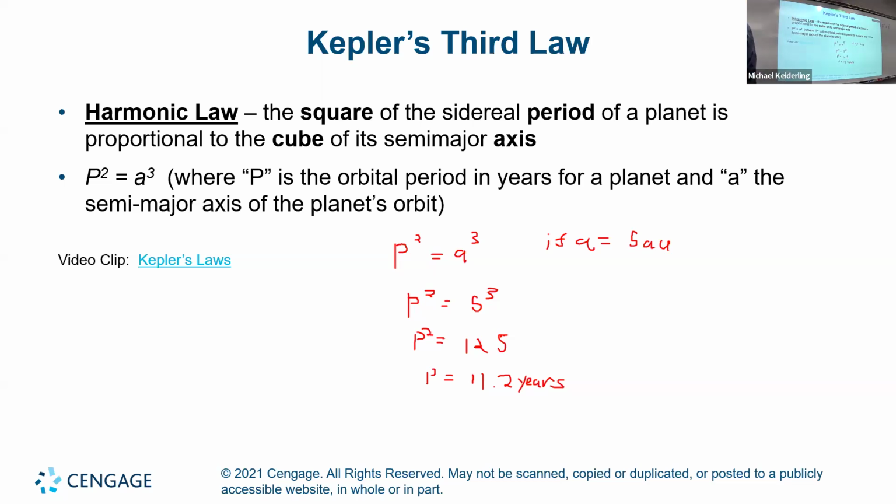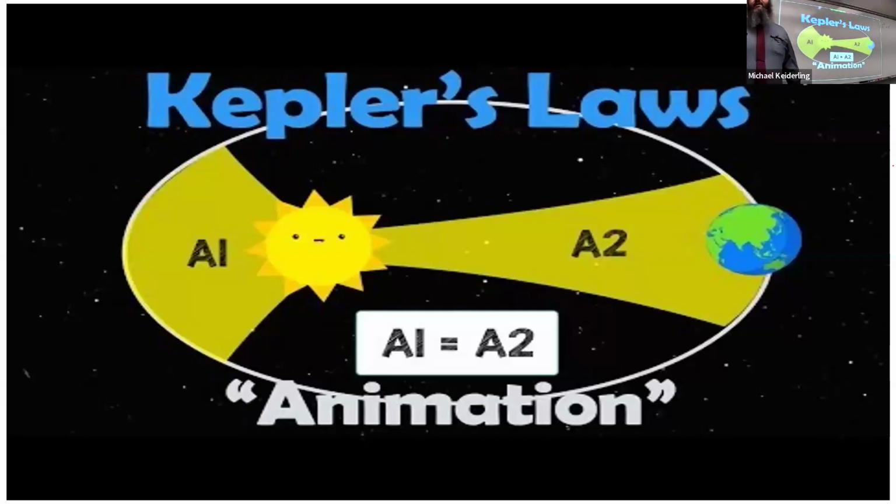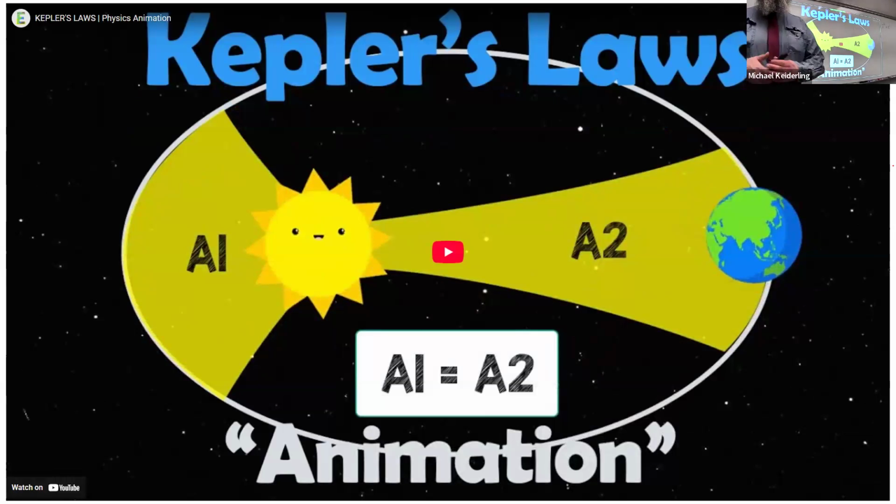So that planet would have an orbit of around 11.2 years. That is close to Jupiter's numbers. Jupiter is actually a little bit different than that, but that's because it's not at exactly 5 astronomical units. So here is a short video about Kepler's laws.